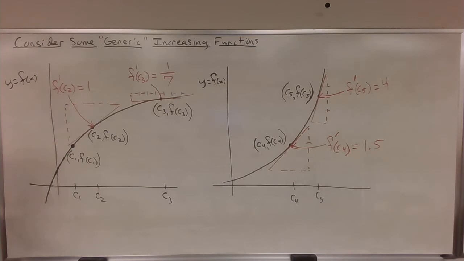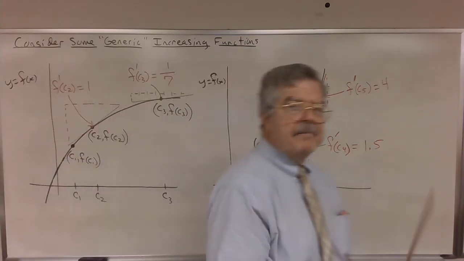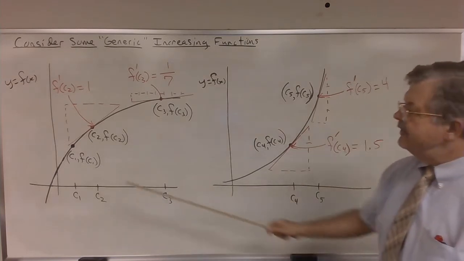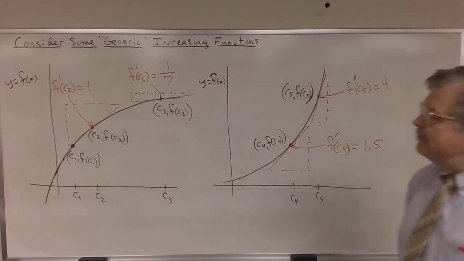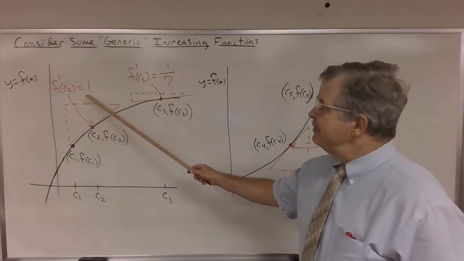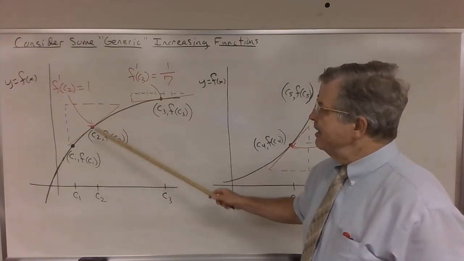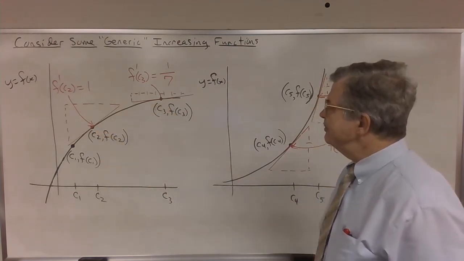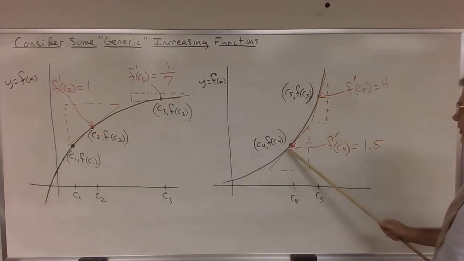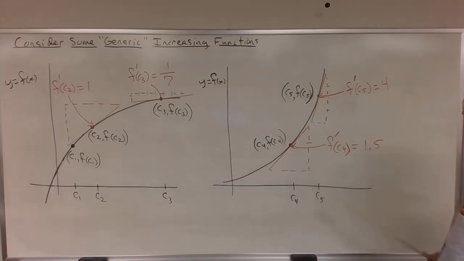Now, I guess that's enough to drive home the point. I have two functions that are increasing, and at random points I've measured the derivative. The derivative is 1 at this point. At this point, it's 1/7. At this point, the derivative's 1.5. At this point, the derivative's 4.